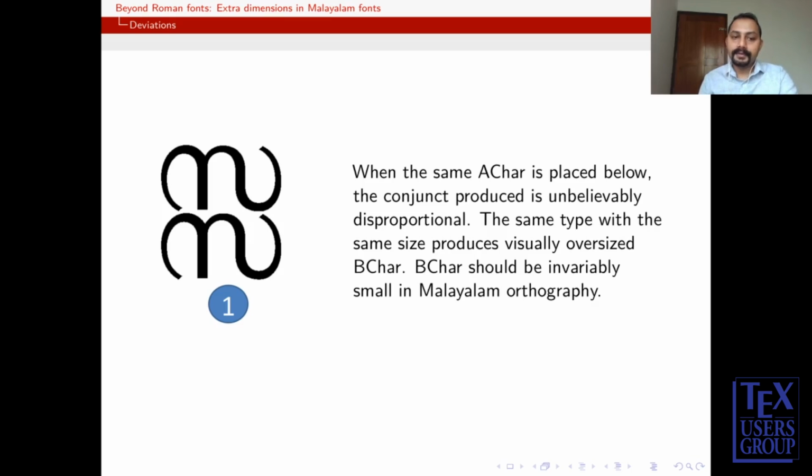If you look at the first one, it's immediately noticeable that even though both the above base character and the below base character are of the same height and width, the below base character looks disproportionately large compared to the above base character. And this is not aesthetically pleasing. Invariably, the below base character needs to be smaller in size compared to the above base character.